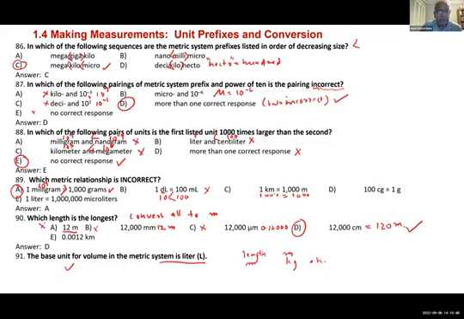The base unit for volume in the metric system is liter. Length is meter. Mass is kilogram, etc. You have to know this. The base unit of volume in the metric system is liters.